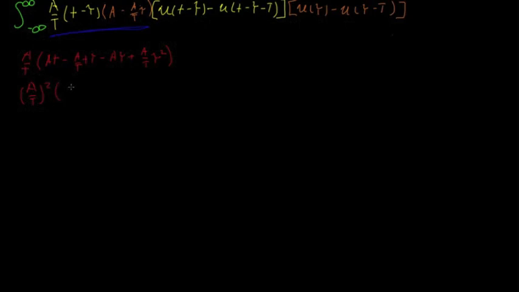And on the inside, we would be left with capital T squared, minus T tau, minus tau T, plus tau squared. So it makes it look a bit nicer, I think.